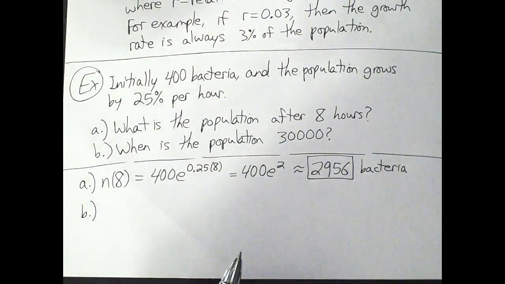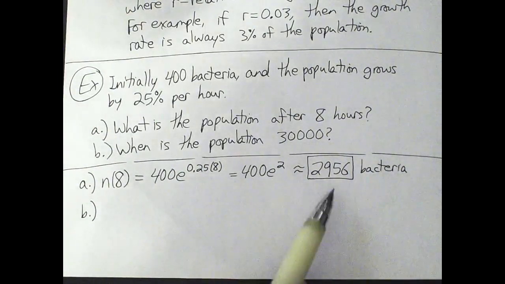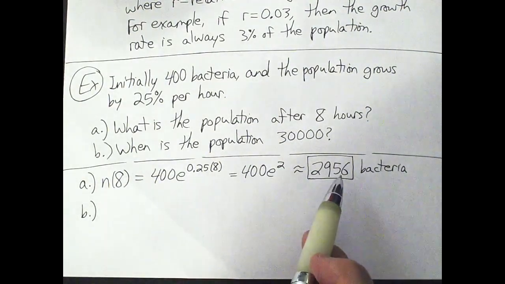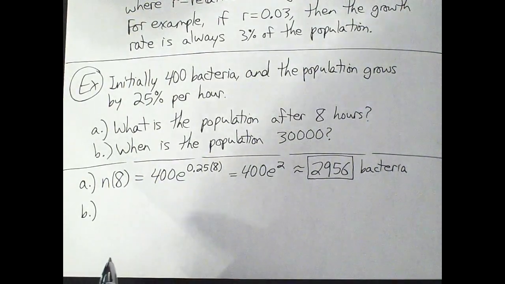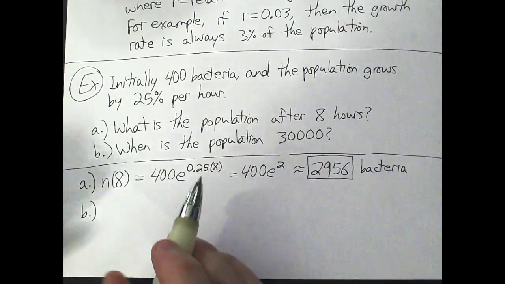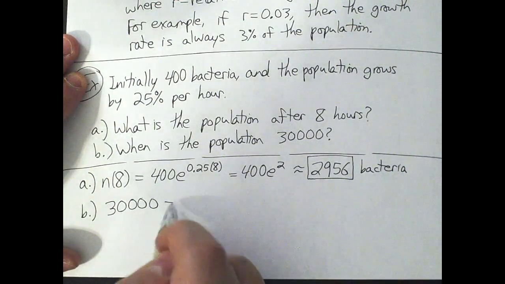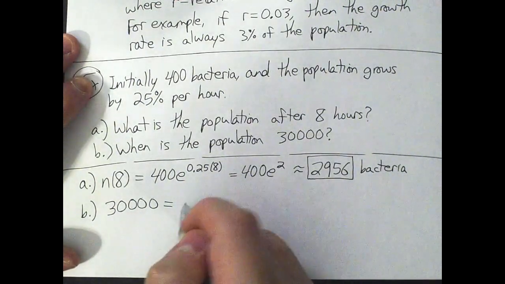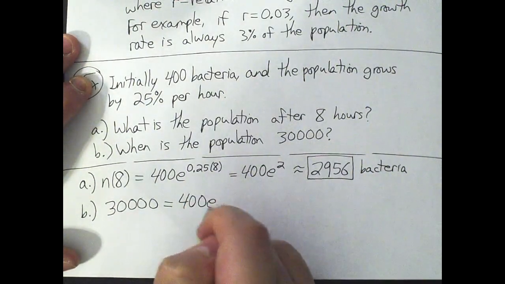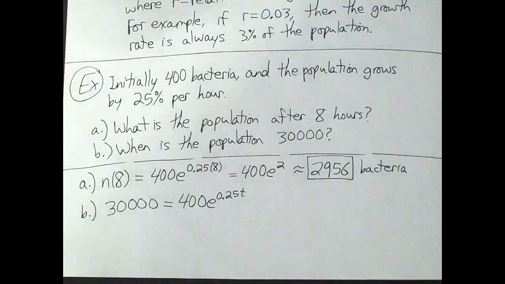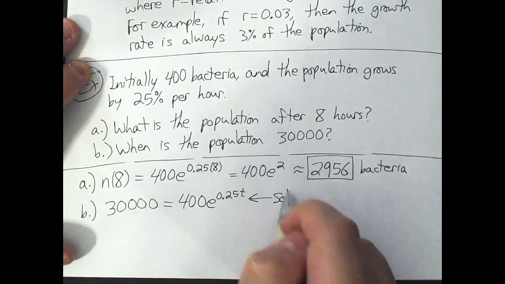Part B is asking, when is the population 30,000? Well, I know that it's definitely going to be more than 8 hours, because after 8 hours, this was the population. So we need to keep going for a while longer than that. We know what the population should be, so we set 30,000 equal to the formula, 400 e to the 0.25t, and we want to solve for t, right?